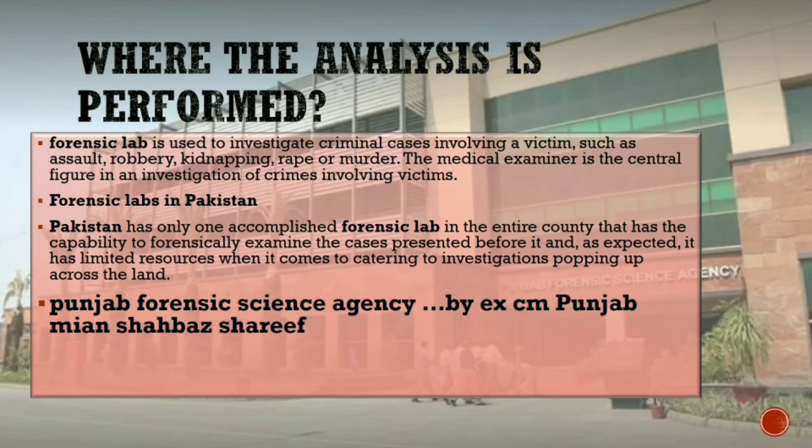So here is a question: where is the analysis of trace evidence performed? Since trace evidence covers a wide variety of subcategories, there is a similar variety in the testing that is performed. Specialized testing may be done outside of the local laboratory at regional or national facilities.